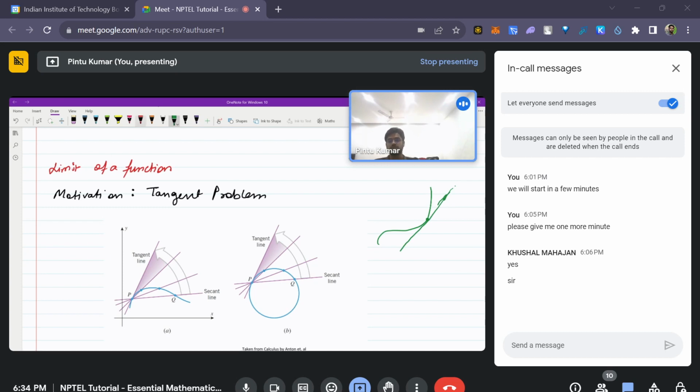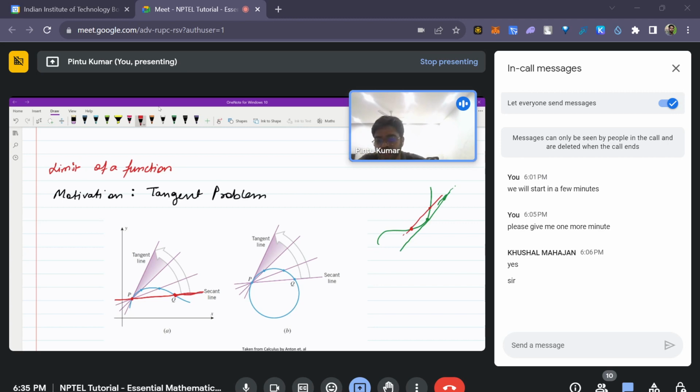One approach is you take these 2 points and draw a line connecting them. Something similar to what they have done here. They have taken these 2 points initially, drawn a line passing through them, and then captured the slope of this particular line.